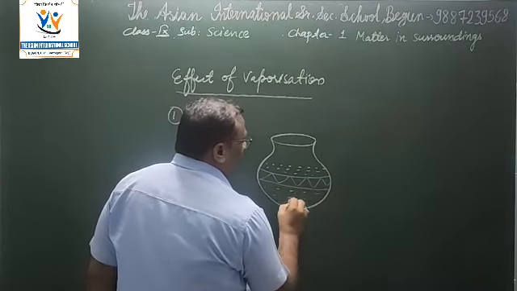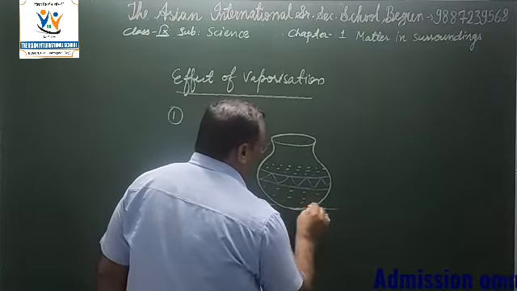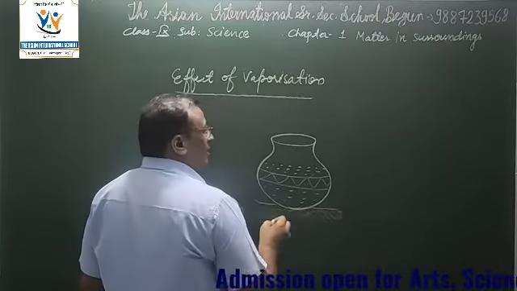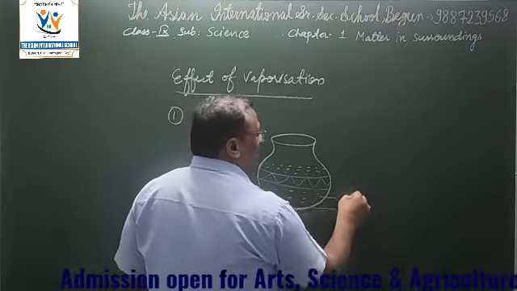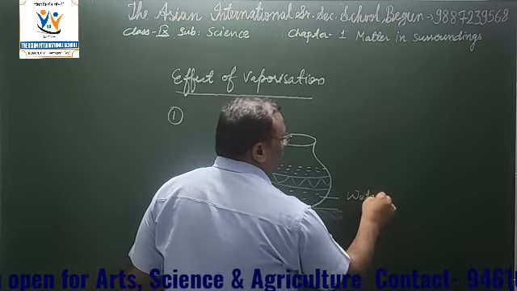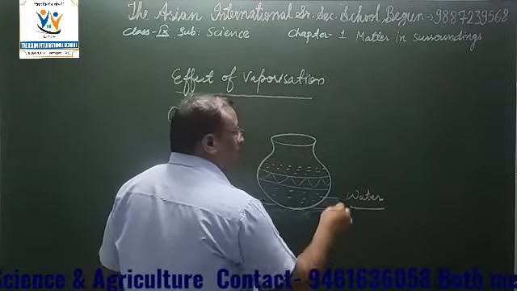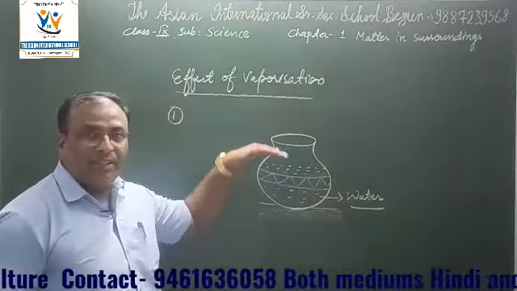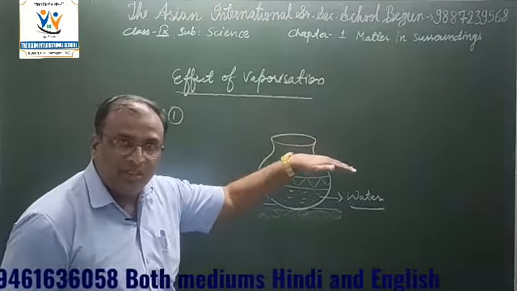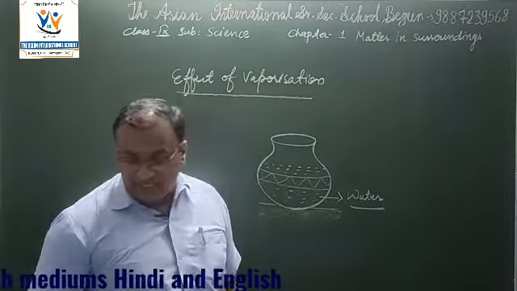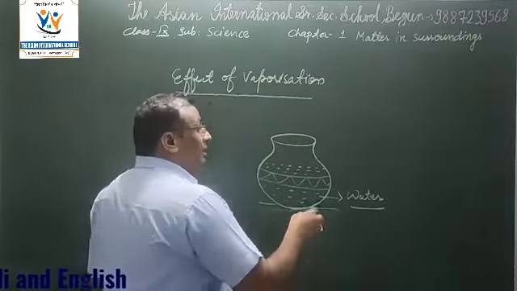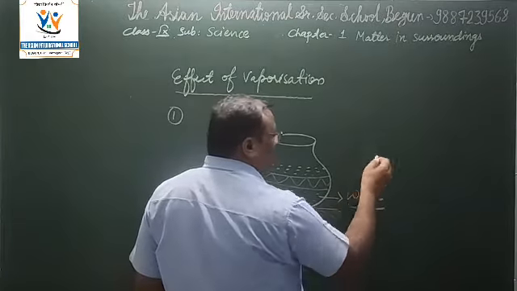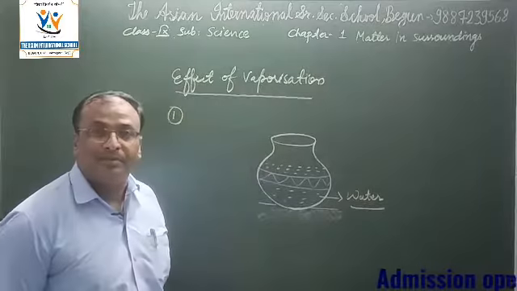When you fill water into it, you observe that the water in it is not cool. But after keeping it for a period, you observe that the temperature of this water becomes less.